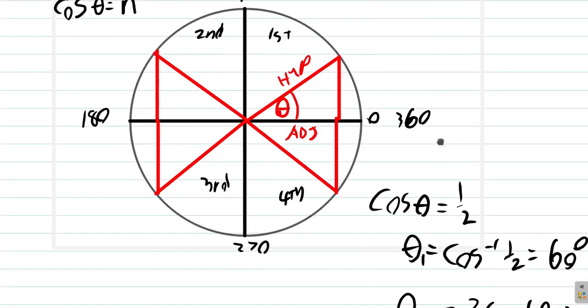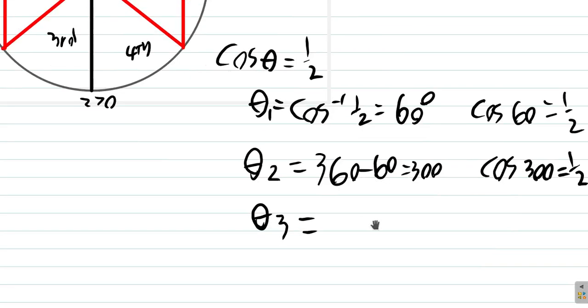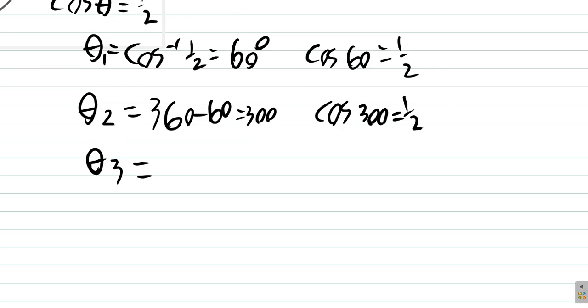What do you think? Let us see. You go all the way around to 360. Then you go 60 more. 360 plus 60 is 420. What is the cosine of 420?